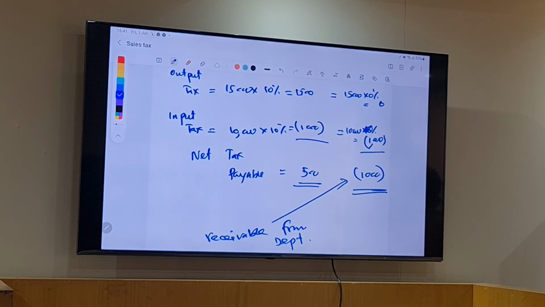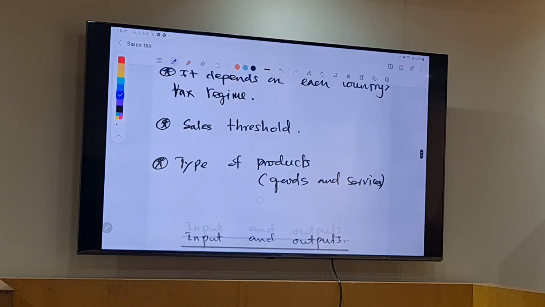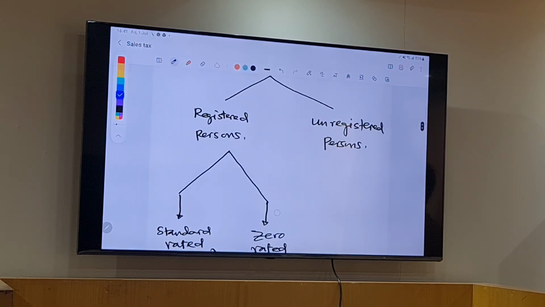But on all my input, I have to pay taxes. And if I am registered as zero rated, that input tax I can recover from the department. Very clear? In that situation, if it is recoverable, the tax department will pay you.